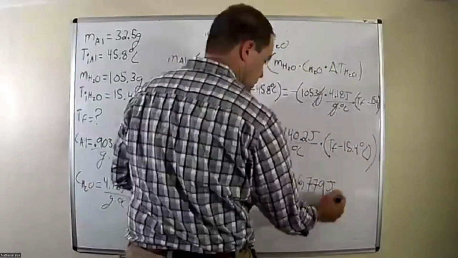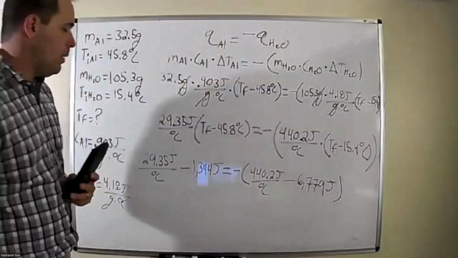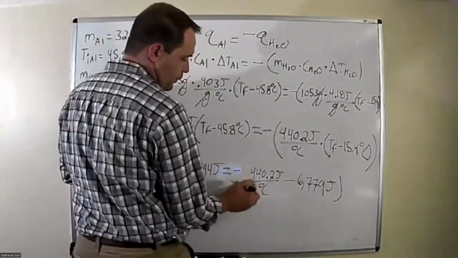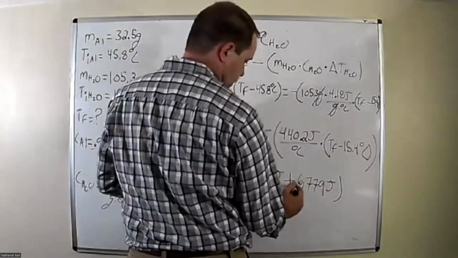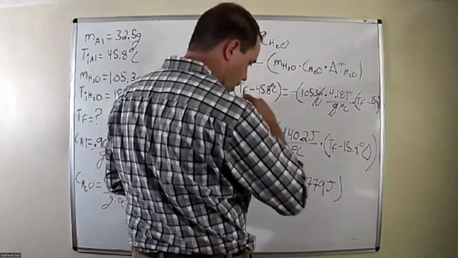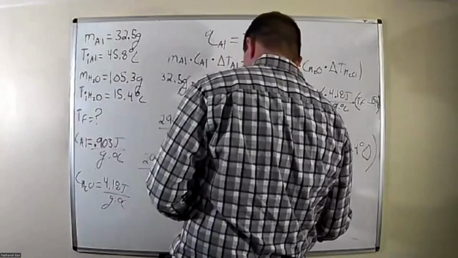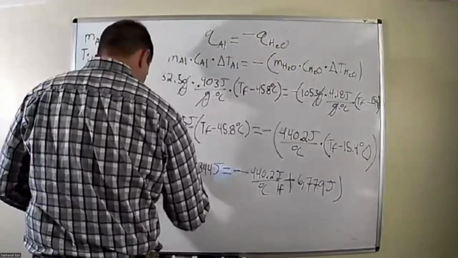The degrees Celsius will cancel out. Now I'm going to distribute that negative in, so that becomes a negative 440.2 joules per degree Celsius times TF. I missed the TF on both sides.